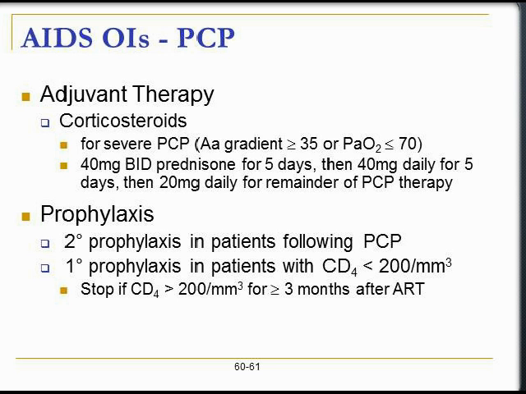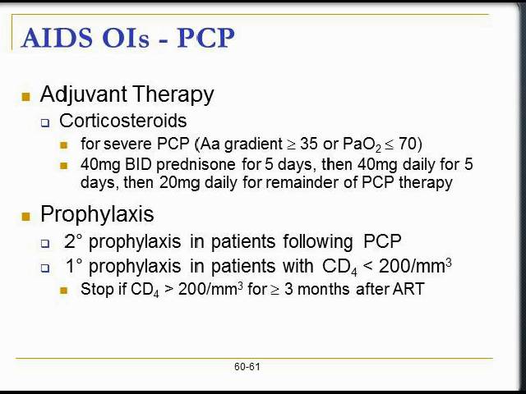Prophylaxis, obviously whenever we have an opportunistic infection in an HIV-positive patient, we have to give them secondary prophylaxis after they've had the infection. And then I mentioned primary prophylaxis in patients with CD4 count less than 200. In both of those instances, you can stop prophylaxis, either secondary or primary, if the CD4 count is greater than 200 for 3 or more months.